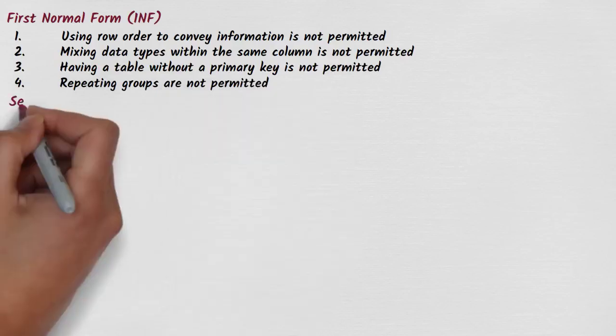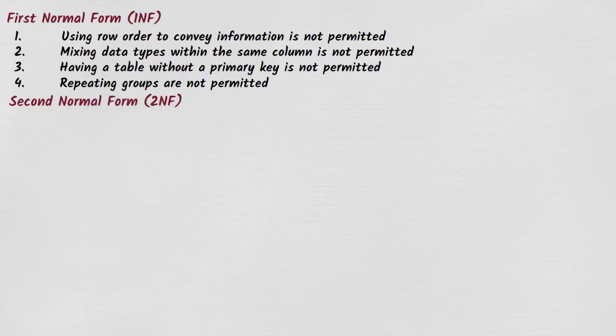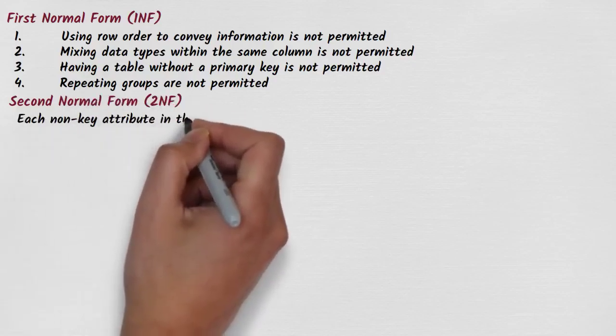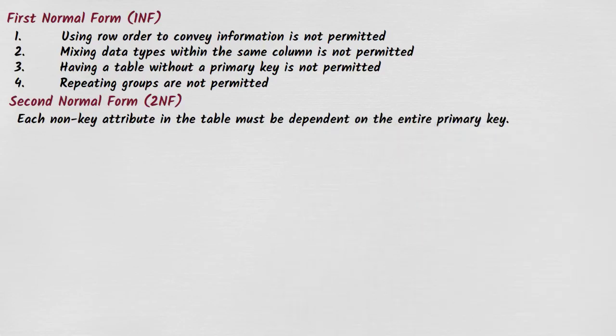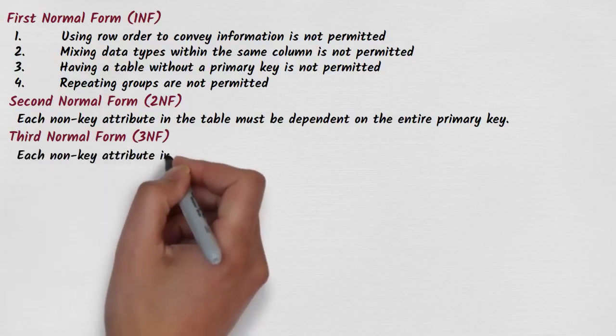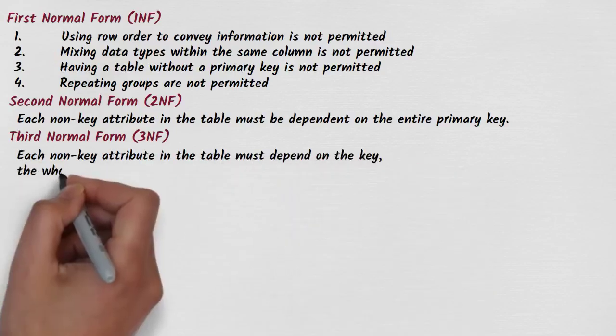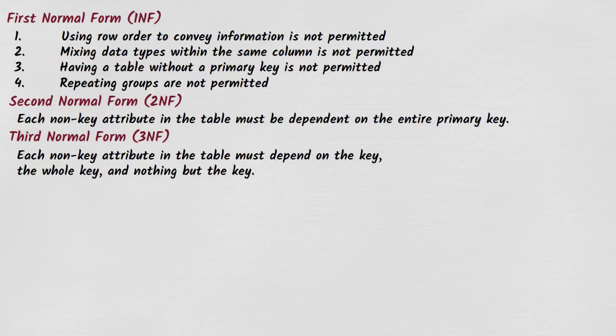The rule for 2nd normal form is each non-key attribute in the table must be dependent on the entire primary key. The rule for 3rd normal form is each non-key attribute in a table must depend on the key, the whole key, and nothing but the key. If we prefer to drop the phrase non-key, we end up with an even simpler and even stronger version of 3rd normal form called Boyce-Codd Normal Form.